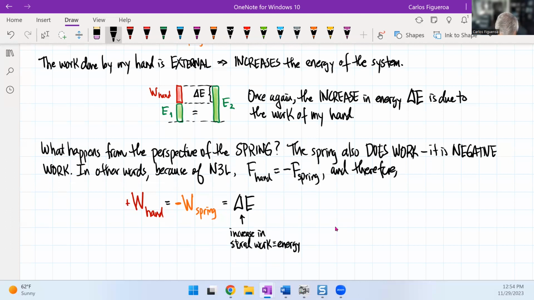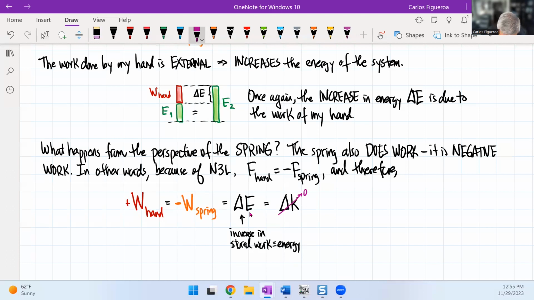So if we focus only on the spring, I still have to do some clarification before we move on here. We have to ask, how did the energy change? The first thing that we should say is that if I look at the change in kinetic energy, we could say that this is 0.